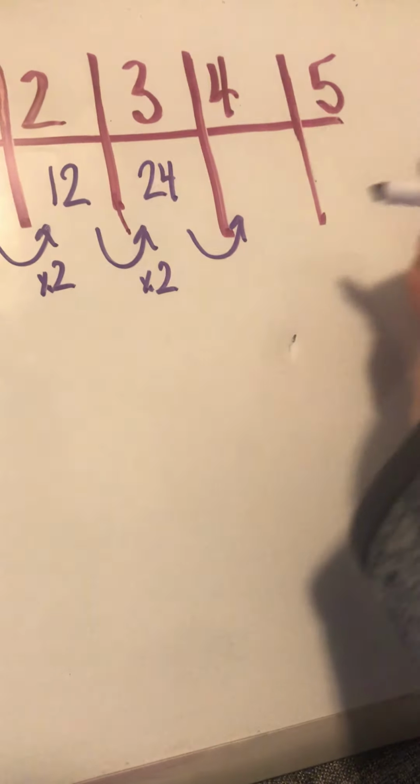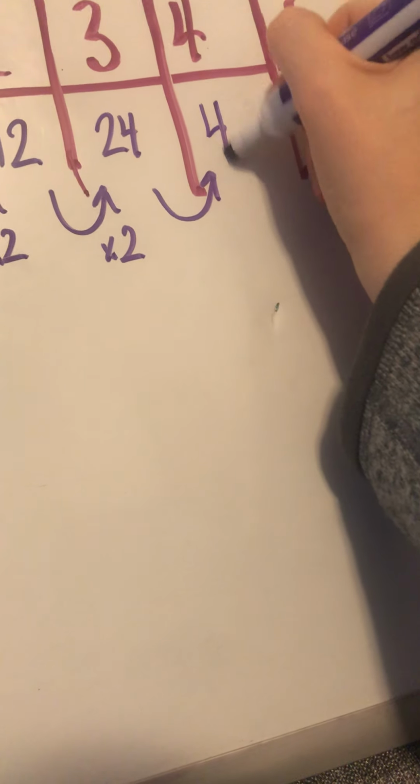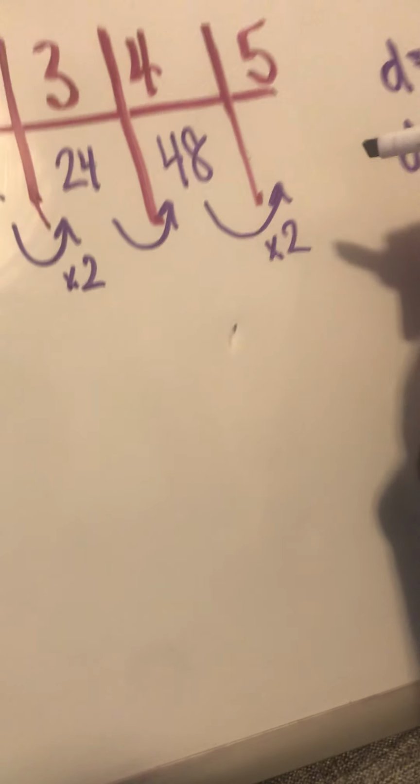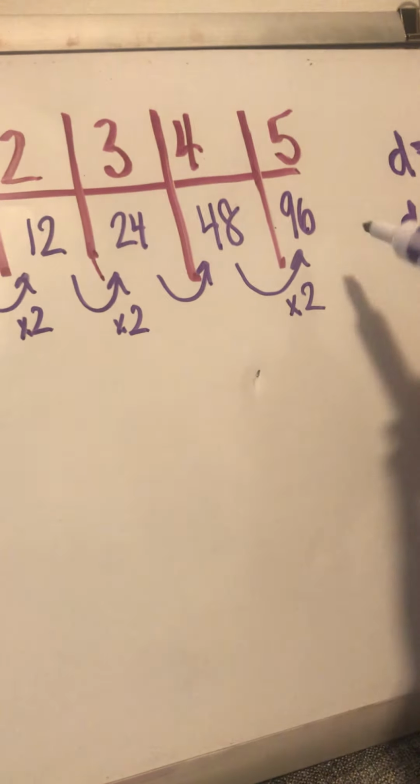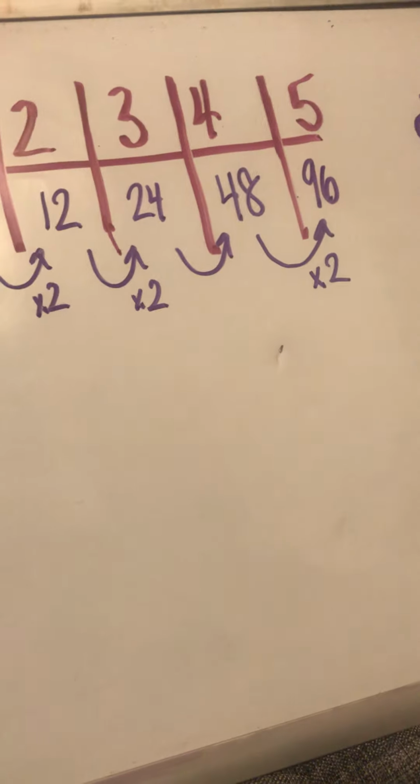It is being multiplied by 2, which will give me 48. And then again, 48 times 2, which will give me 96. So 5 days later, 96 people have now heard that rumor.